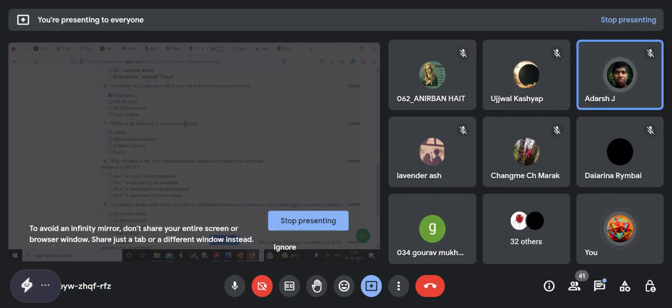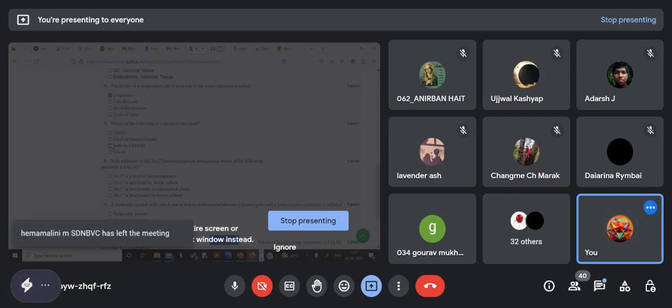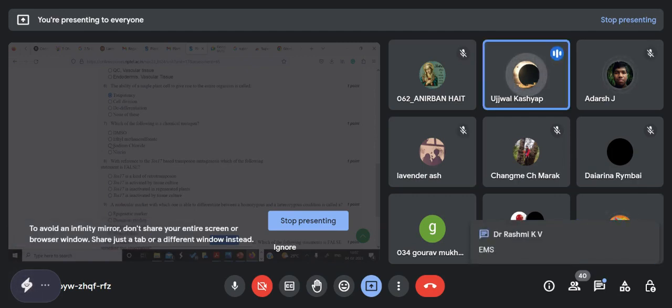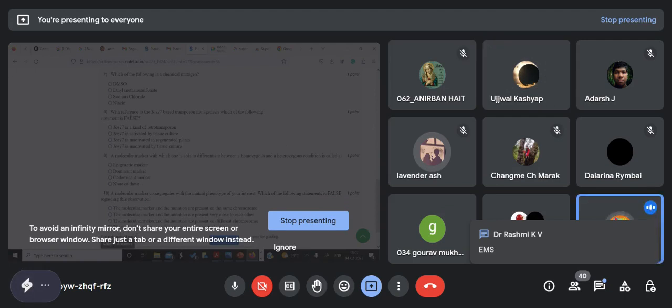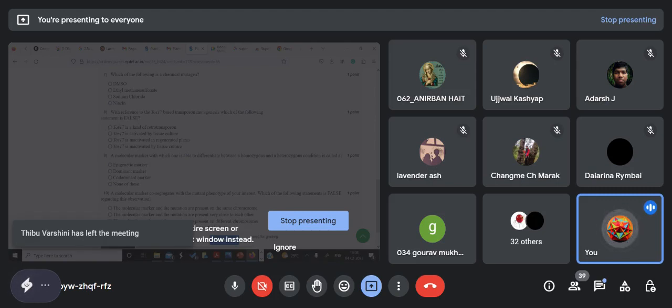Which of the following is a chemical mutagen? EMS. Okay. With reference to the Tos17 based transposon mutagenesis, which of the following statements is false?